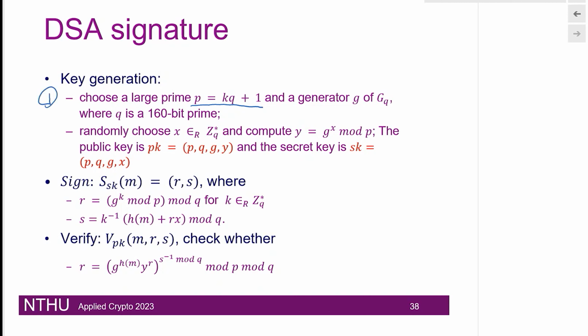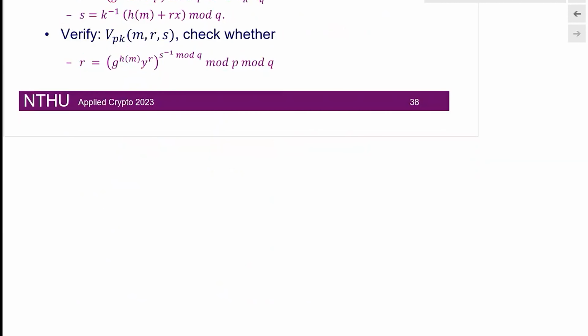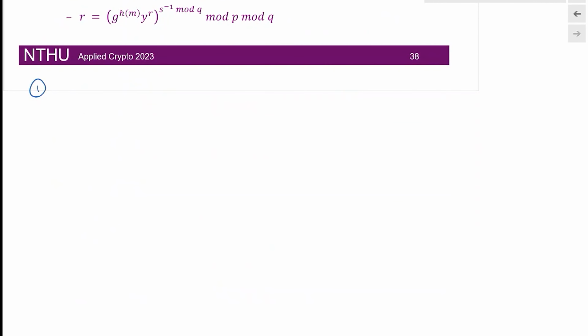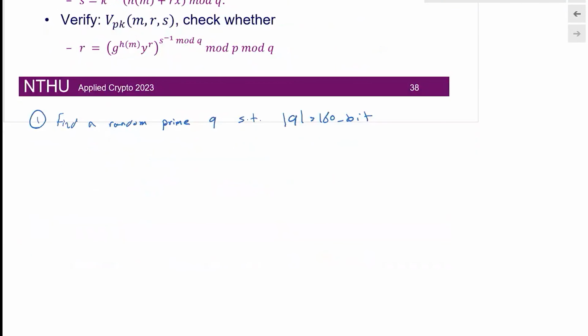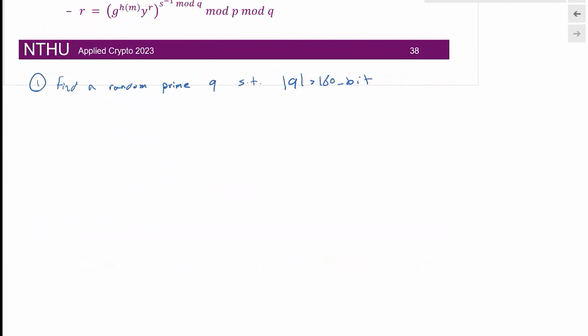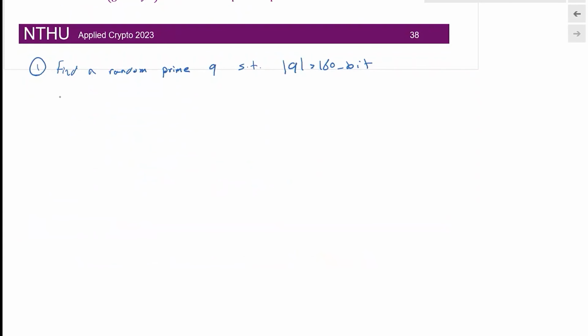How do we do those things? The first thing is that we need to find a random prime Q. So we start with finding a prime Q such that the length of Q is 160 bits. That was the requirement, or any other length.